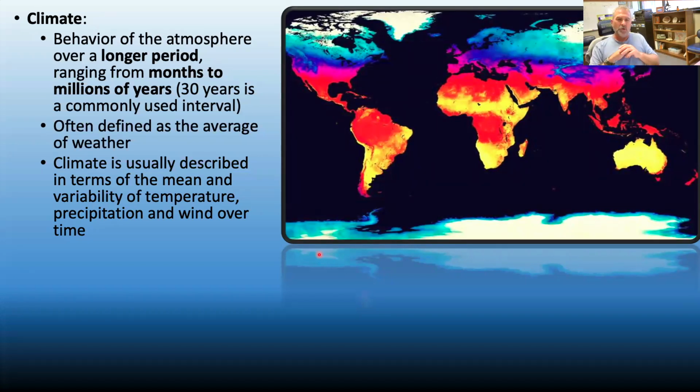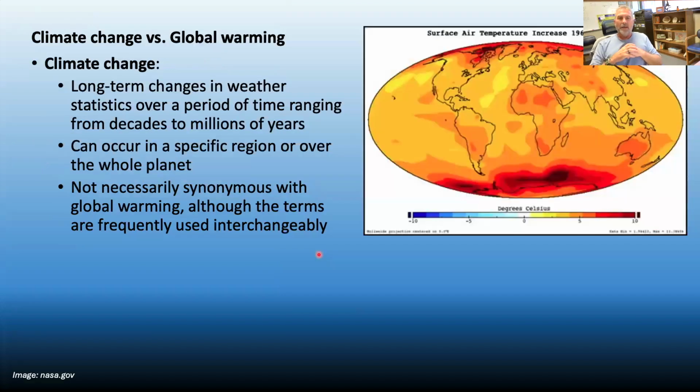So generally, again, we're talking about climate being the mean and variability of temperature, precipitation, and often wind. Okay. Well, most frequently it's temperature and precipitation, but wind is included in that. So not quite as specific as what you're going to see the weather described in if you're looking at the Weather Channel, for instance. All right.